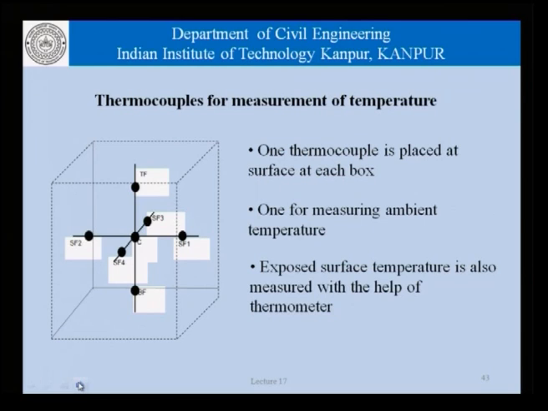This is a diagrammatic representation of the different thermocouples that were used for measurement of temperature. Thermocouples were placed at the surface of each box. Ambient temperature and exposed surface temperature were also measured with the help of a thermometer. There is the center, there are these faces, there is the bottom, and there is the top.